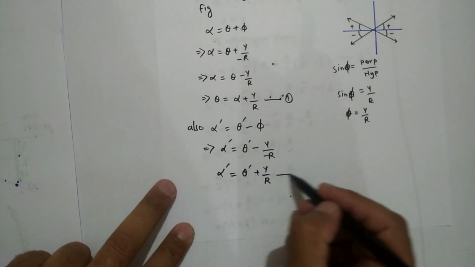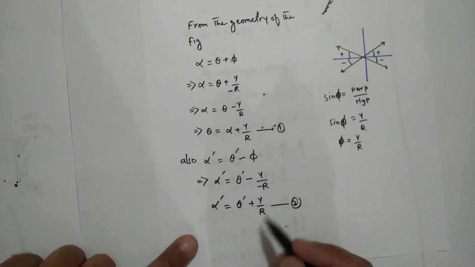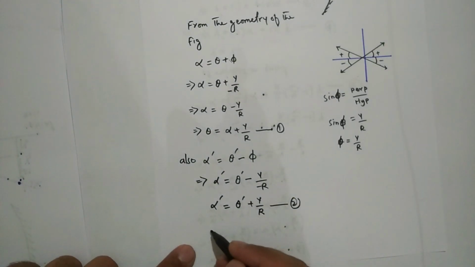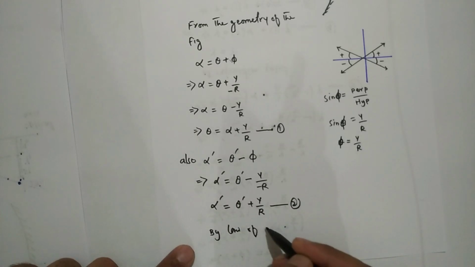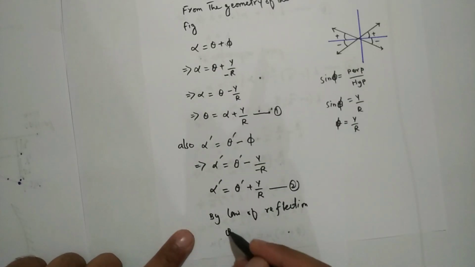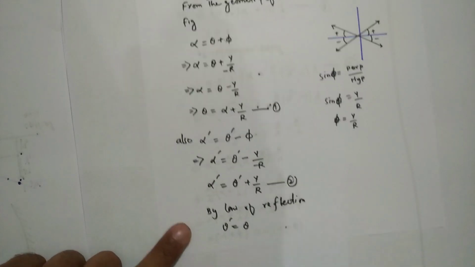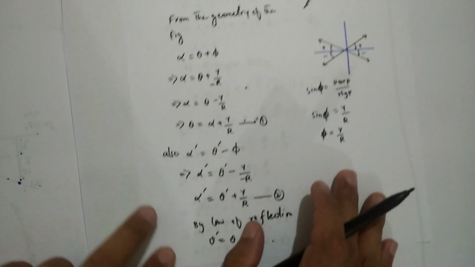This is now equation number second. But by the law of reflection, theta prime is equal to theta. The angle of incidence and angle of reflection are the same.